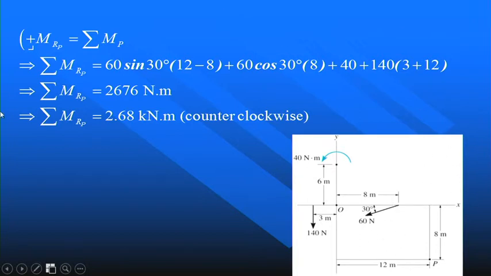So here we can see there are 60 times cosine 30 degrees times 8 and 60 sine 30 degrees times 12 minus 8. So there are two components.